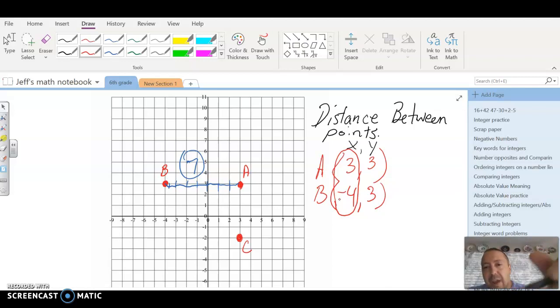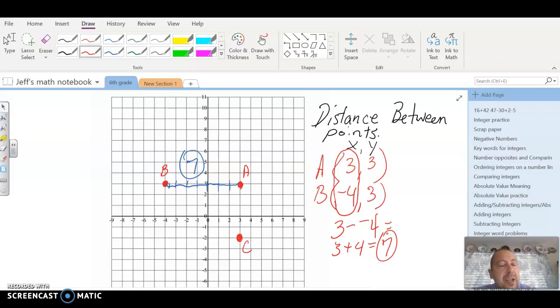So I'm just going to subtract 3 minus -4, and I have to use my rules for subtracting integers. So really what I'm doing is keep, change, which becomes 3 plus 4, which comes out to 7. The same thing as if we counted on the grid.